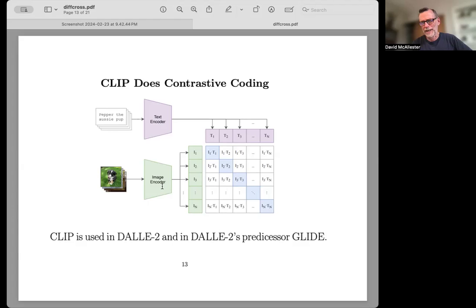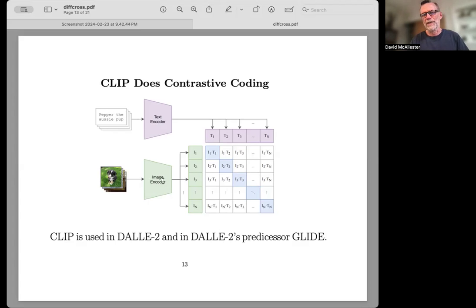And that's the image encoder. And now what you want to do in these vectors is preserve the information in this text that's relevant to this image. And in the image encoder, you want to preserve the information in the image that's relevant to any textual description of the image.